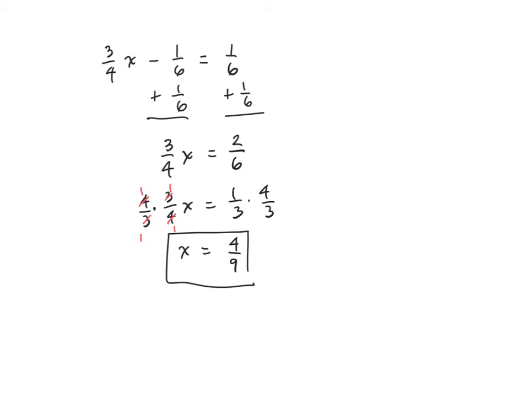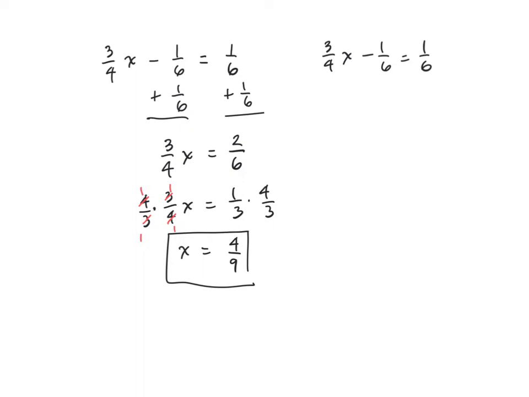Now another way to do this, the same problem of 3/4 x minus 1/6 equals 1/6, is to get rid of what we don't like about this problem, and that is the fractions. So if I multiply both sides of that equation by the least common denominator here, I can clear my fractions and then just solve it as we normally would.